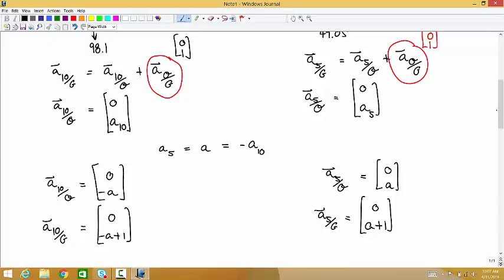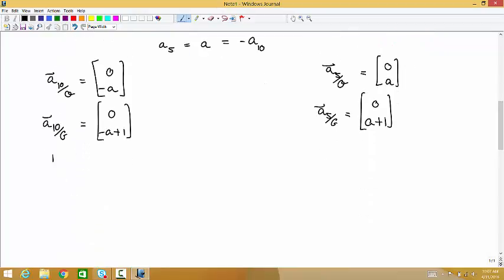And now we can put those together into Newton's second law. So Newton's second law for the 10 says 0, T plus 0, negative 98.1 is equal to 10 times the acceleration of the 10 relative to the ground, 0, negative A plus 1.